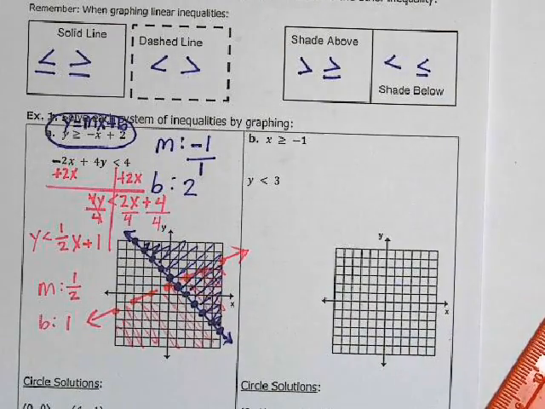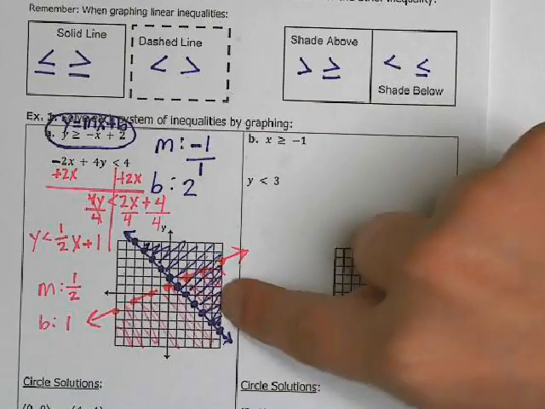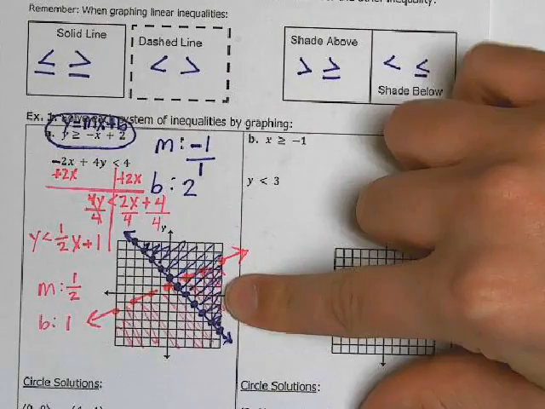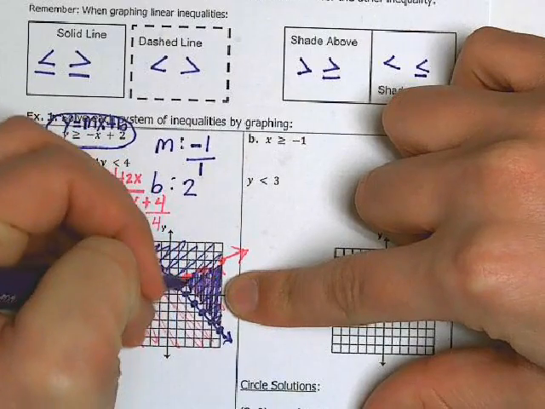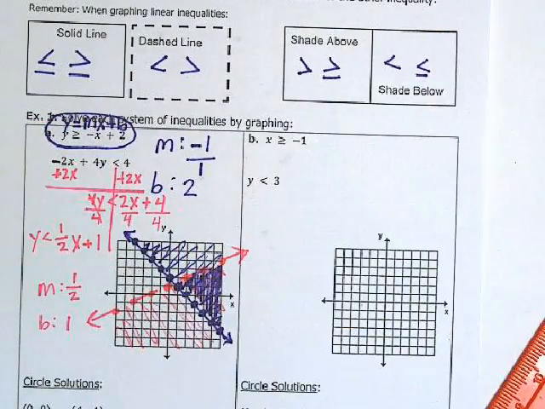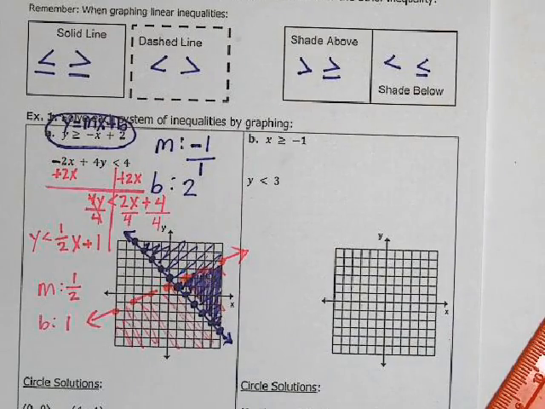Questions? Okay, almost. Now, does everybody see where both shadings cross? Right here, right? Does everybody see that? I want you to darken it. Don't make it like jet black or gray, if you're using a pencil. If you're using pen, don't make it so dark, but just darken it a little bit.